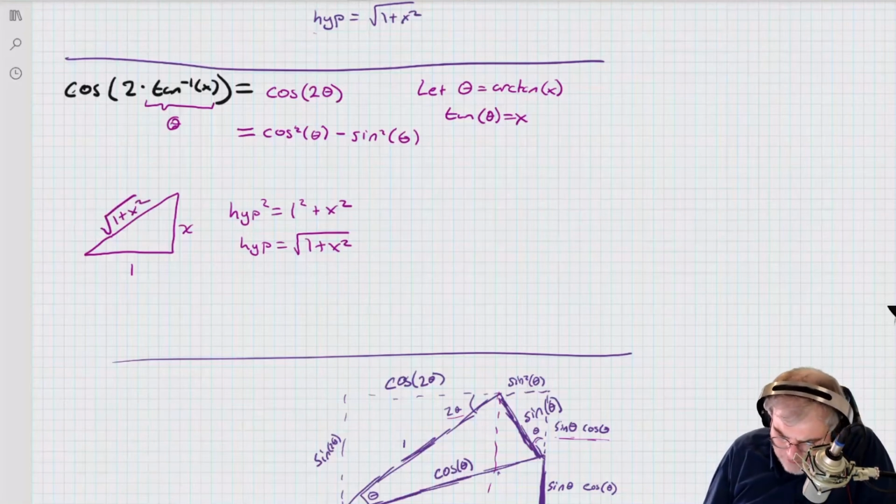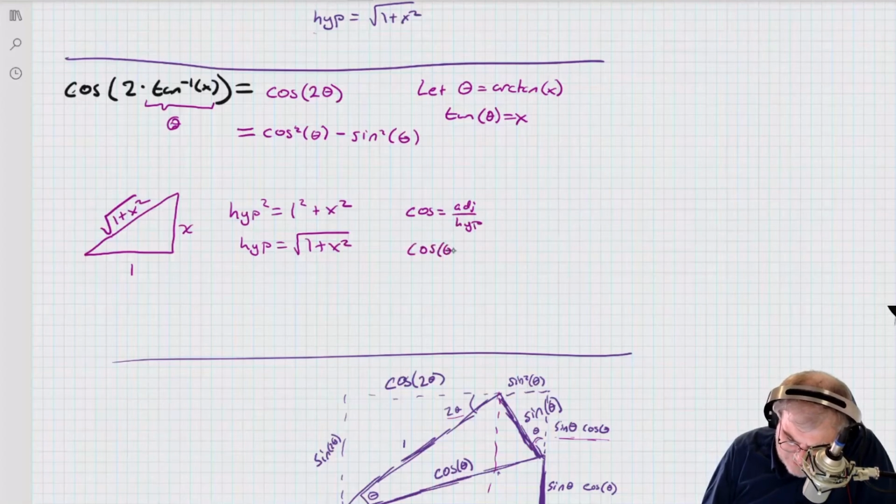Okay. So now I'm going to solve for cosine squared and sine squared. So cosine equals the adjacent over the hypotenuse. So cosine of theta equals the adjacent 1 over the hypotenuse, the square root of 1 plus x squared, which means that cosine squared of theta equals 1 squared over the bottom here, which was 1 plus x squared.